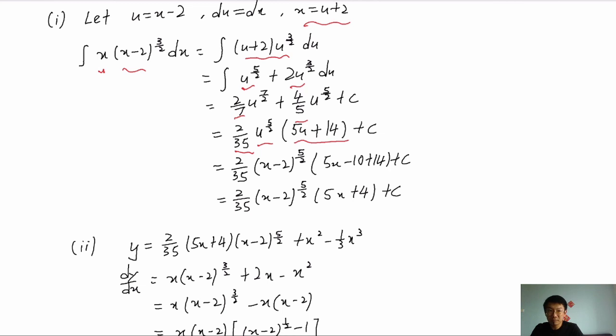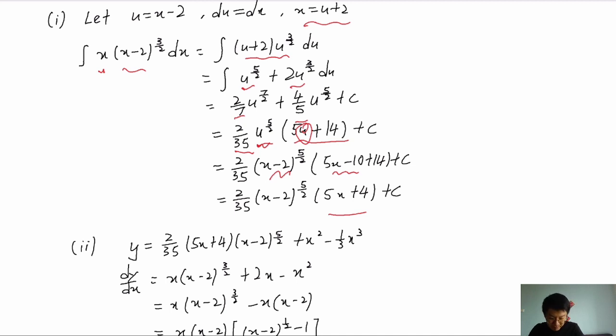And we know the u here is x minus 2, to the power of 5 over 2. In order to get another linear term, we know that u is x minus 2, so for this u we substitute back x minus 2 inside, carry out a little bit of calculation, and that is where we get the result that we need to prove.